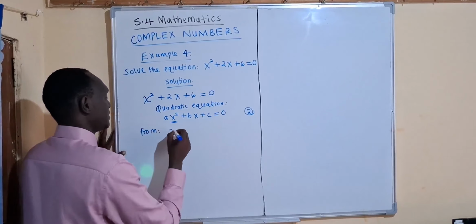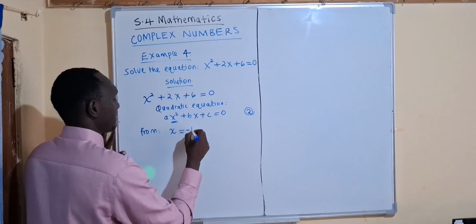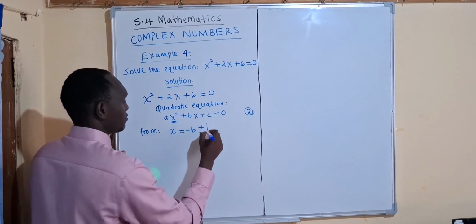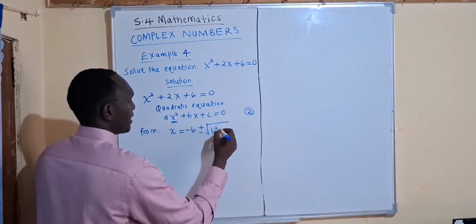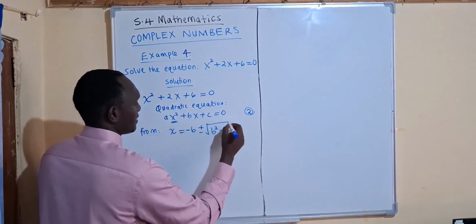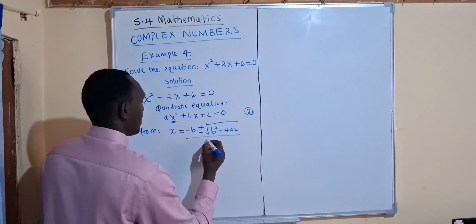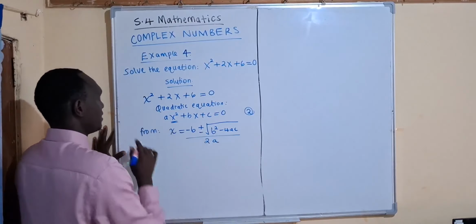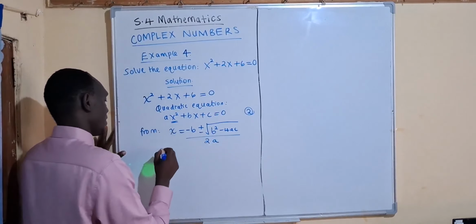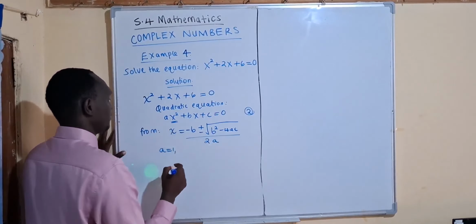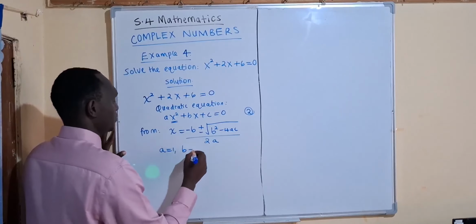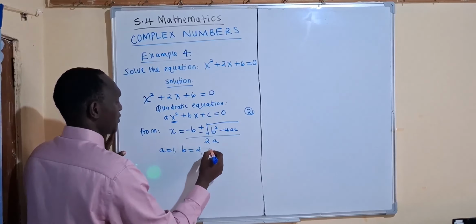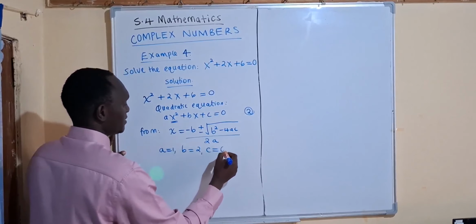The formula says x equals negative b plus or minus the root of b squared minus 4ac, divided by 2a. Comparing this to our equation, a is 1, the coefficient of x squared. b is the coefficient of x, which is 2. c is the constant, which is 6.